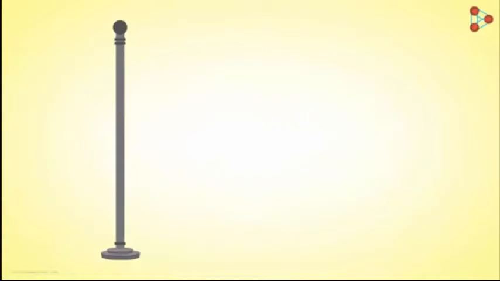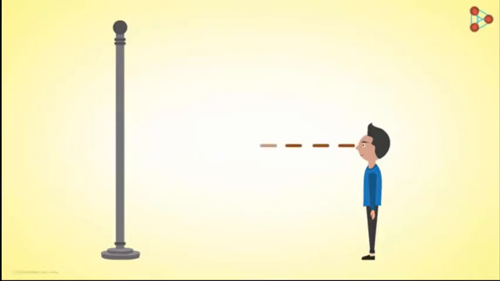We have a flagpole here without a flag. It is mounted vertically with its base fixed to the ground. Say a person is standing some distance away from this pole and looking straight at it. The line drawn from the eye of the person to the distant point where the person is looking is called the line of sight.